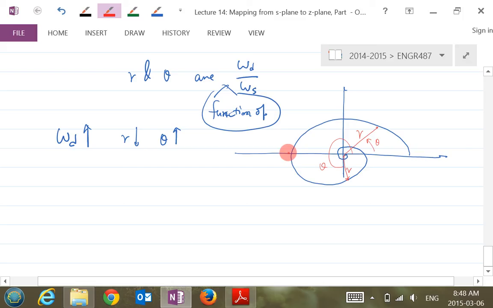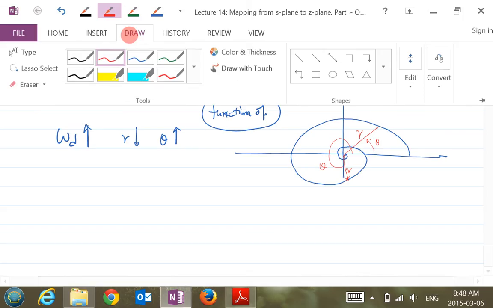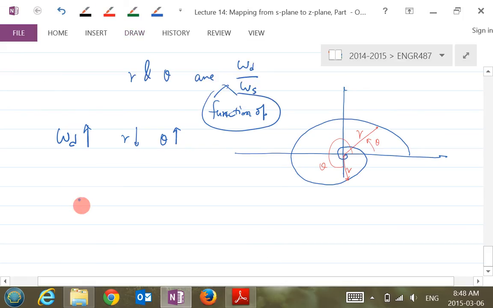You'll see the reason. Let's see if I give you an example here. Let's say zeta is equal to 0.3. Then I'm going to look at this one here.